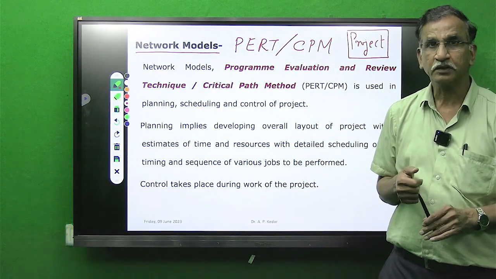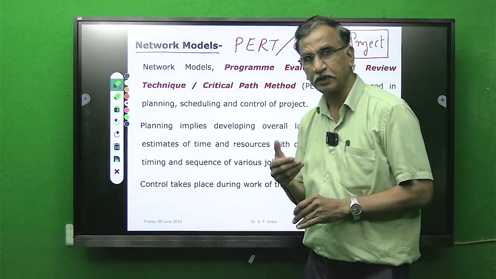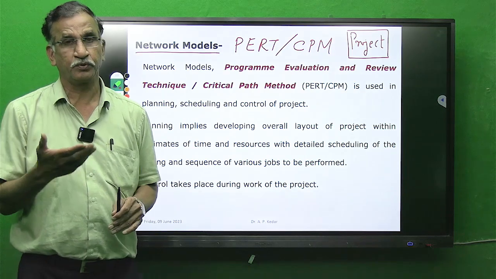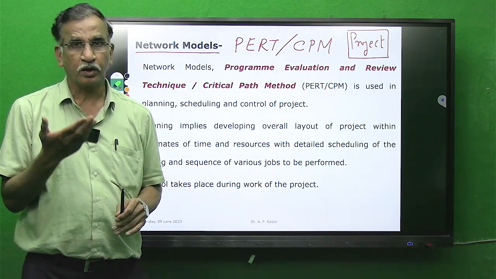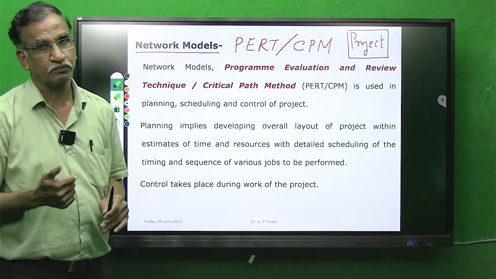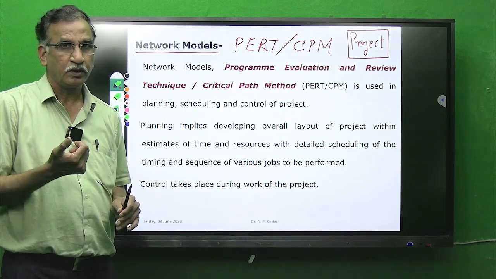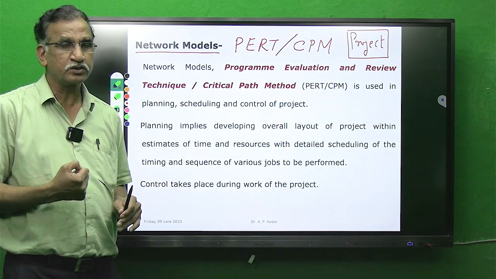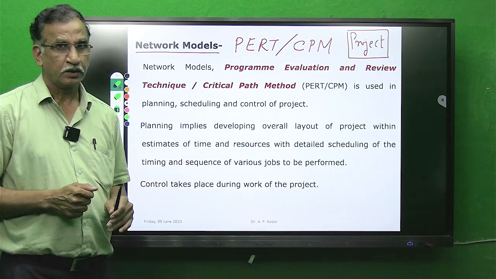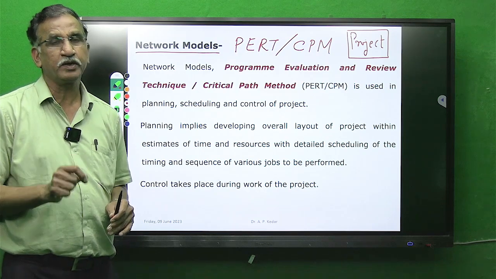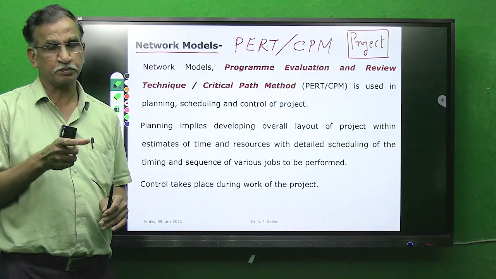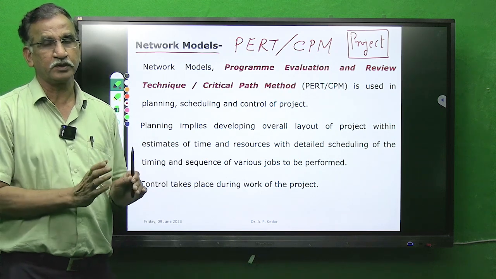It may be possible that we get the result immediately, after a few days, a few months, or it may take some years to get the final derived result from the research project. There uncertainty plays a very important role. Means you are not sure that this particular project will be completed within this much time.